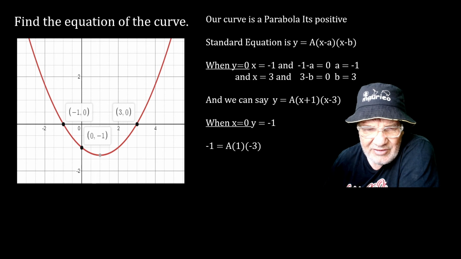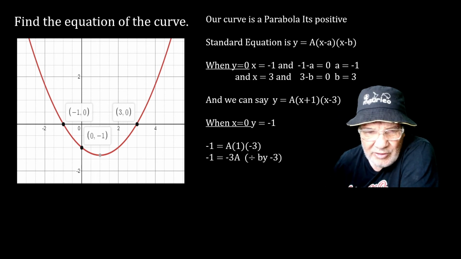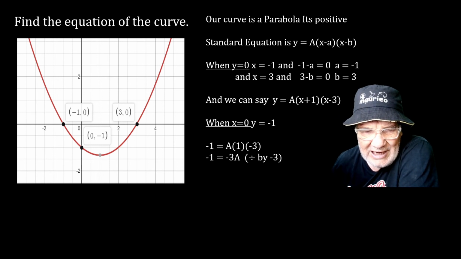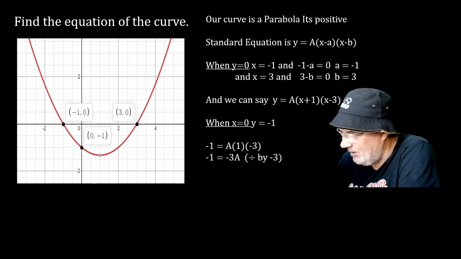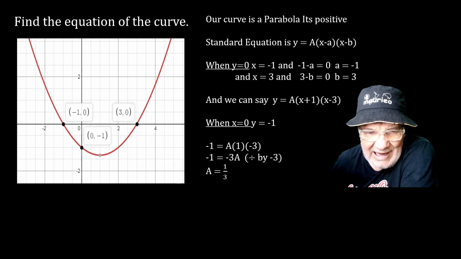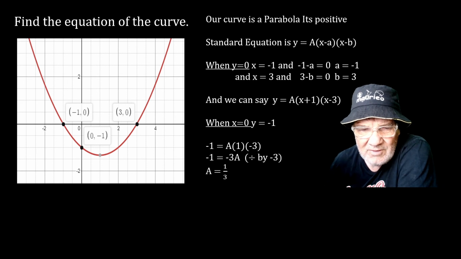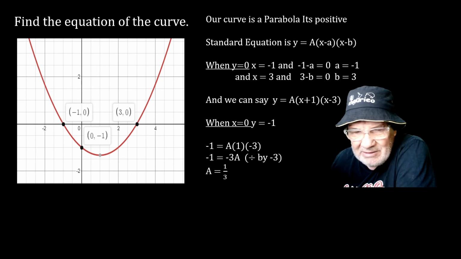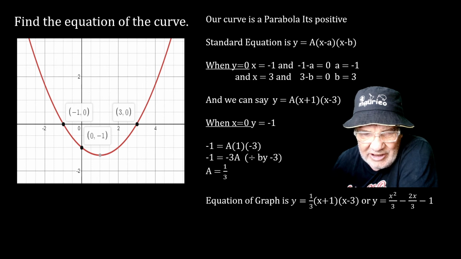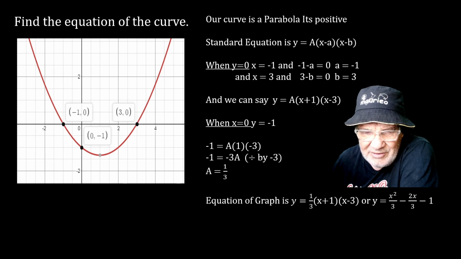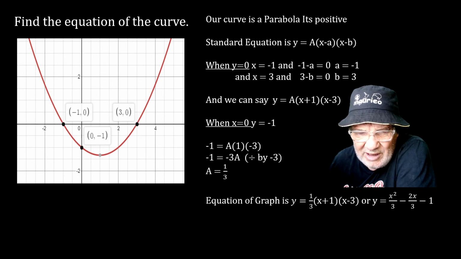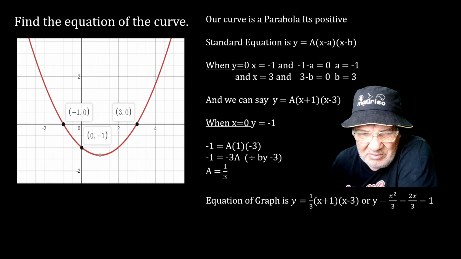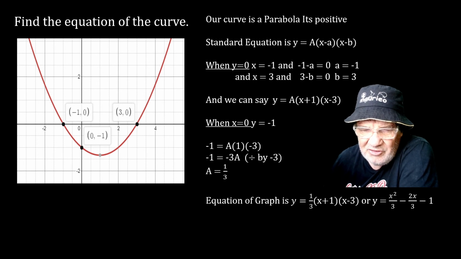And there we have it. Working through with that, negative 1 equals negative 3A. And if we divide by negative 3, we get A equals a third. So now we've got A, we can put that into our equation, and we get y equals a third, open bracket x plus 1, close bracket, open bracket x minus 3, close the bracket.